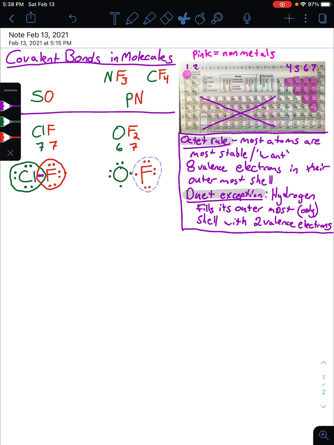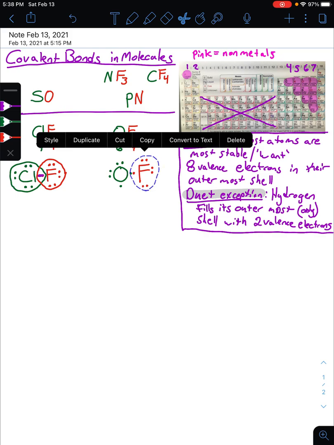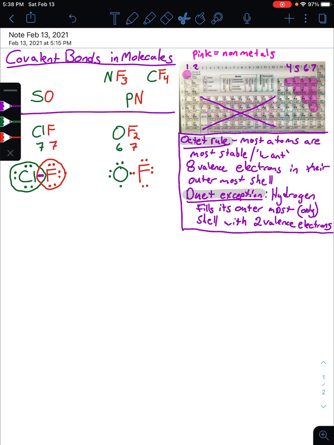So this fluorine can come in and pair up with oxygen's unpaired valence electron, and then we could replace those dots with a line. I have 2 fluorines, so I need to draw one more fluorine with its unpaired valence electron and its lone pairs.